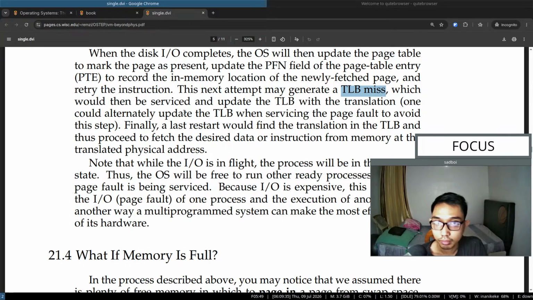Okay. See, update the TLB when servicing the page fault to avoid the TLB miss.